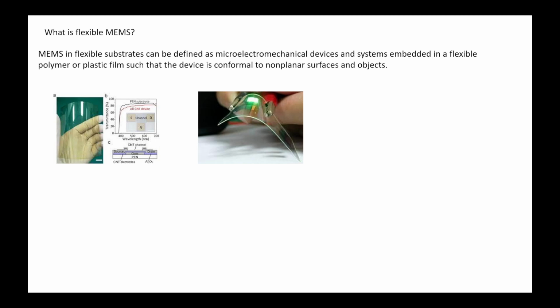People are using cloth or paper as a substrate to develop devices, and they are developing MOSFET, CMOS, BJT, or diodes on paper also, using organic material. Sometimes people work on organic field effect transistors and organic MEMS, or you can use metal oxide, an inorganic compound, for flexible devices.